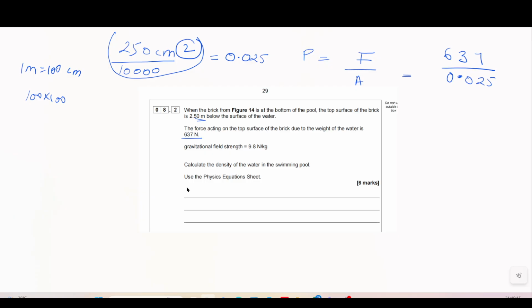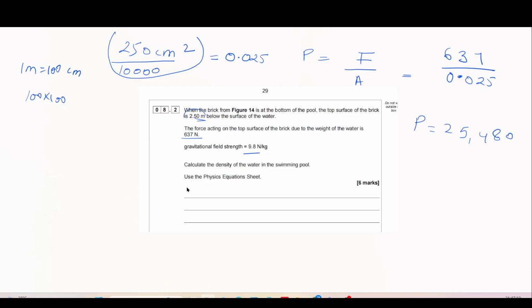So 250 divided by 10,000 is 0.025. Now, if you divide these, you will get the pressure: 637 divided by 0.025 is 25,480. Yes, correct.